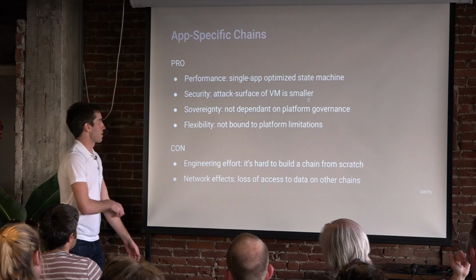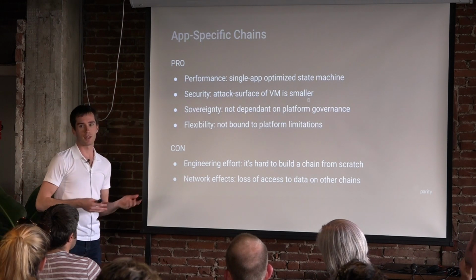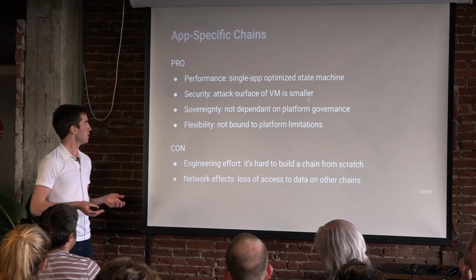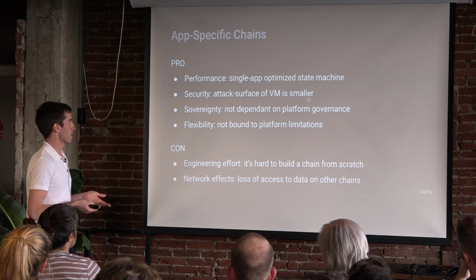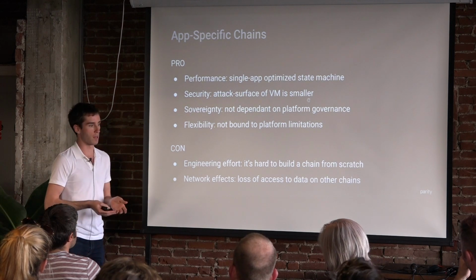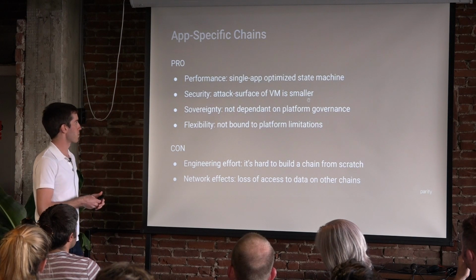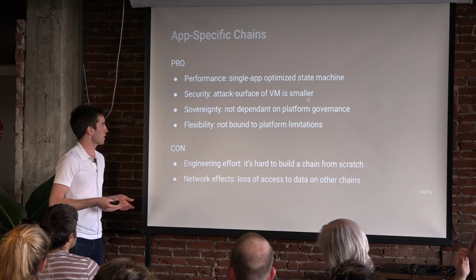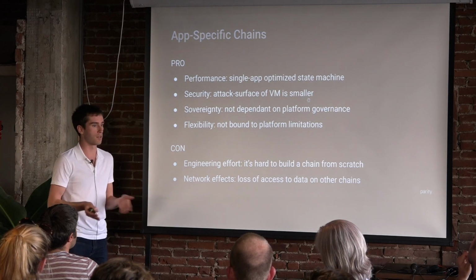A lot of this came out of a belief that there will be a lot more application-specific chains instead of just smart contracts on a single platform. A few reasons: you get to optimize your state machine. You don't have to worry about what anybody else would want to do. You get to define your RPCs and APIs, so the attack surface is small. You get to just say this is what you're allowed to do from the outside.